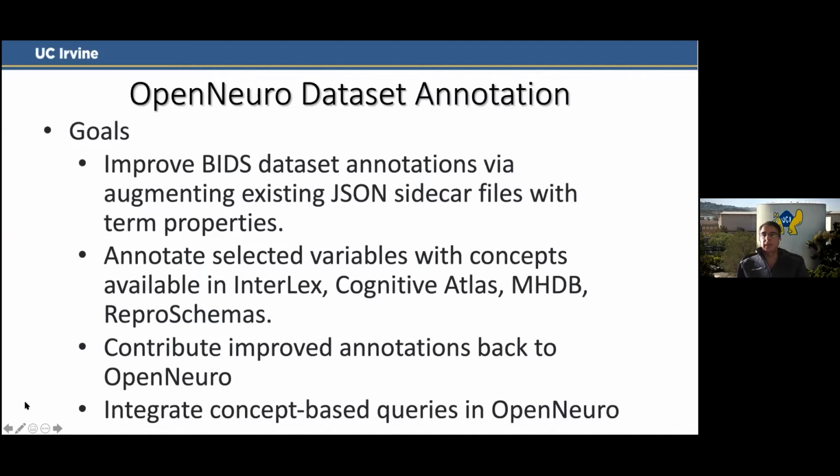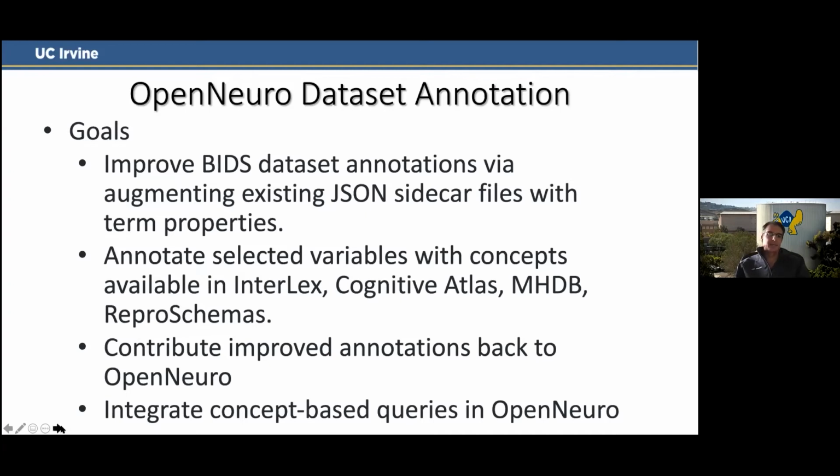They're stored as Brain Imaging Data Structure (BIDS) data sets, and many of them are unannotated. So they're a data set with the image files, potentially with some assessment information, and oftentimes without any annotations describing what that assessment information is.